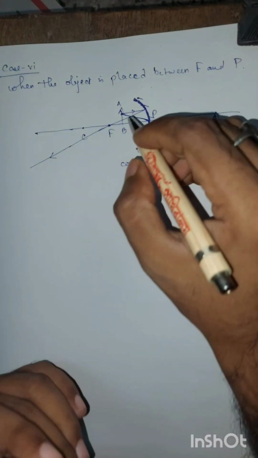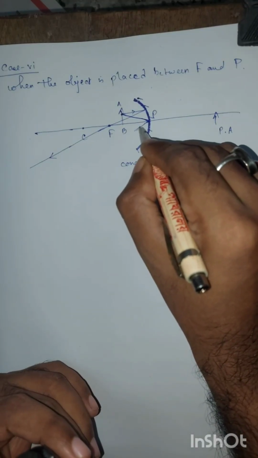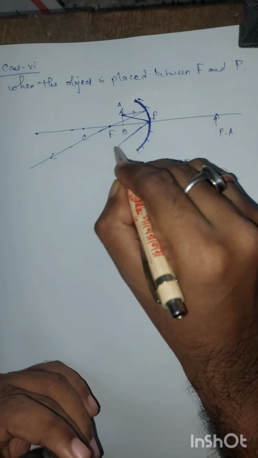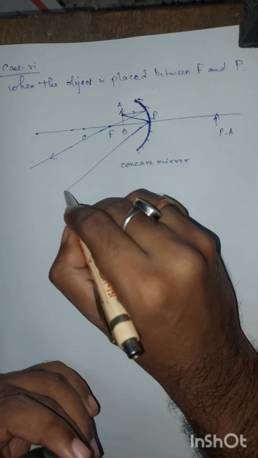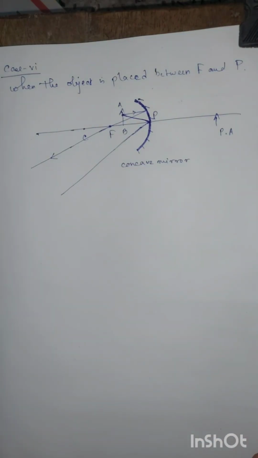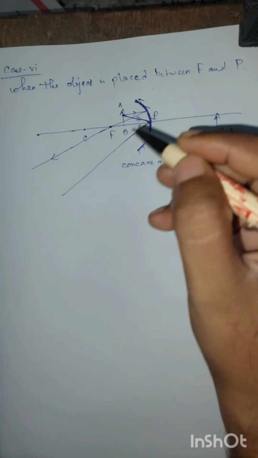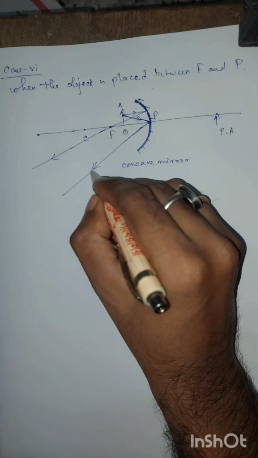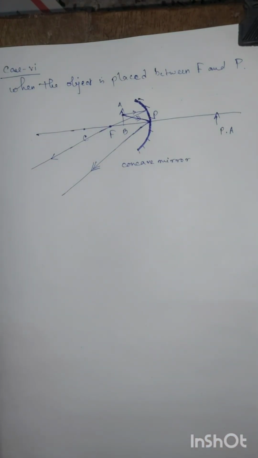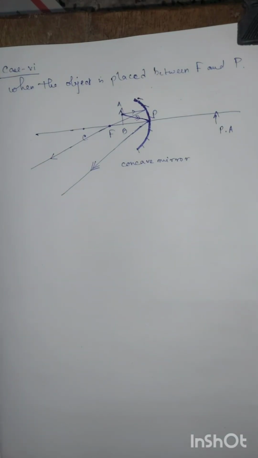So after getting reflected, we can see that these two rays are not going to intersect, and they are not parallel.